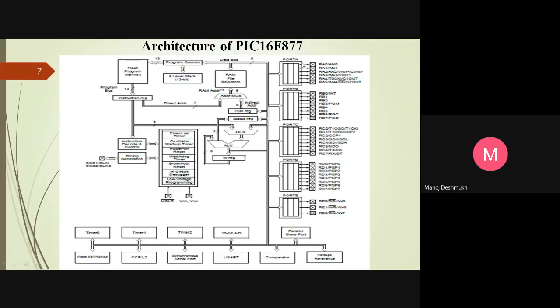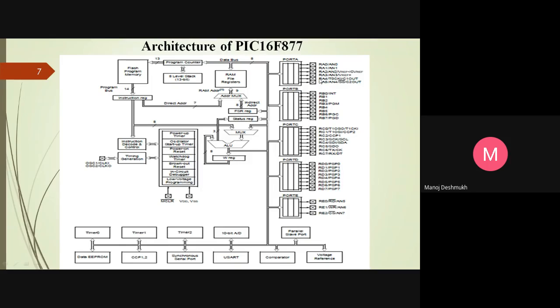Moving from top right in the downward direction, we can identify the IO ports first, in sequence A, B, C, D and E. Draw one block for each port, port A, port B, port C, port D and port E. As we have mentioned, port A consists of a total of 6 pins.